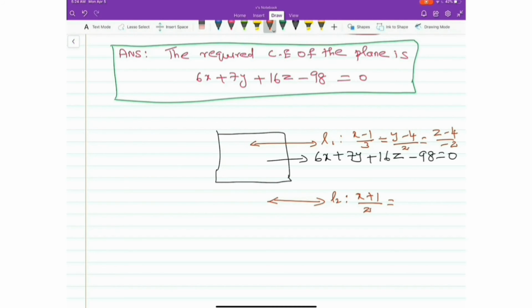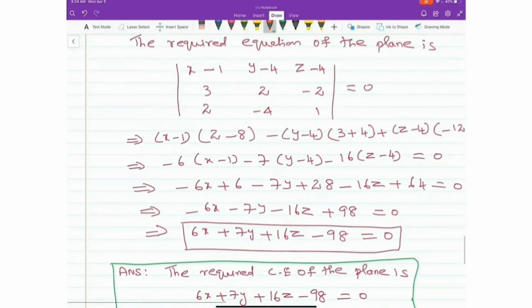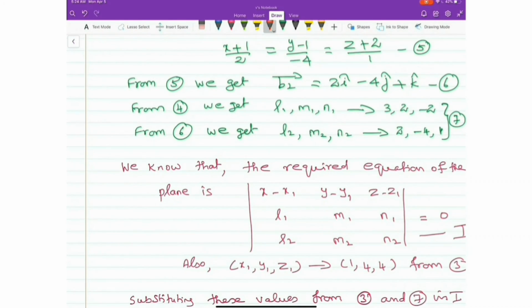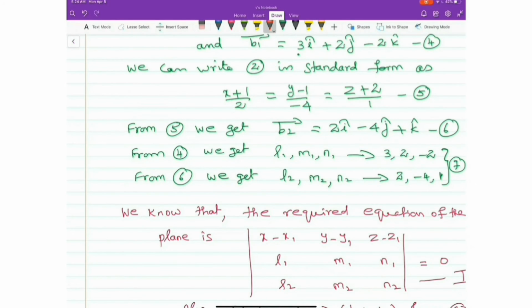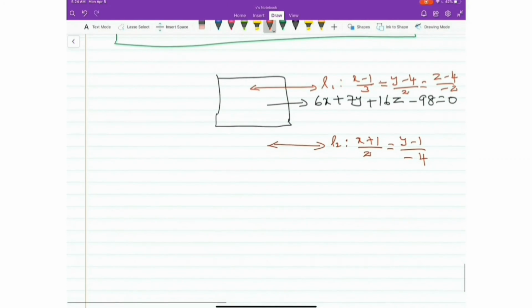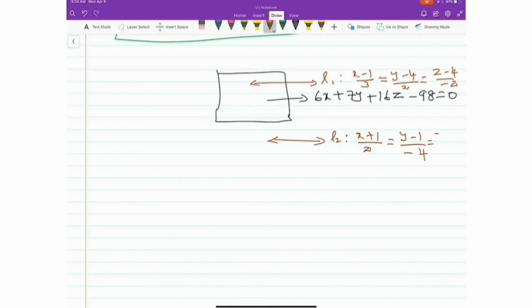See here, we already wrote it in standard form: (x plus 1) by 2 is equal to (y minus 1) by minus 4 equal to (z plus 2) by 1.